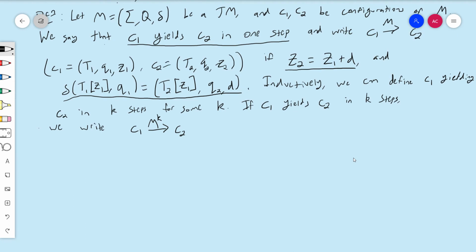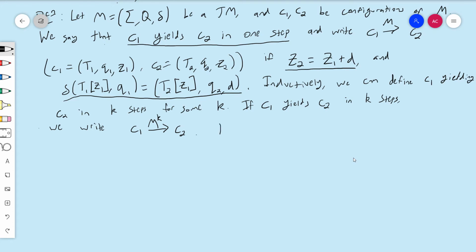So first off, we want to talk about inputs. I mentioned that sigma always has a blank symbol. We're going to require that inputs don't involve any blanks, except when we're modeling functions that take more than one input. In that case, we'll split up the inputs by blanks.